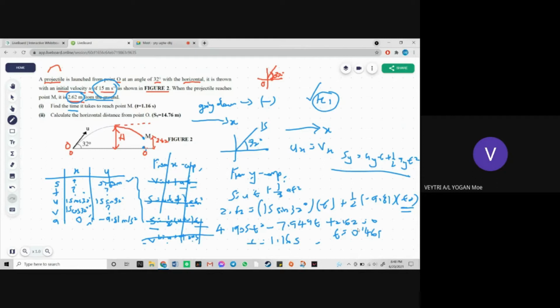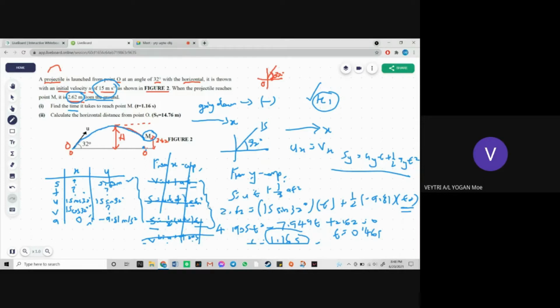Apakah beza all this stuff? We want to find, okay, M kamu, movement dia daripada O pergi atas and then is on the way down kan? It's on the way down. Jadi, first method, you can take the time, you test masuk dalam mana-mana formula dekat sini that you have.